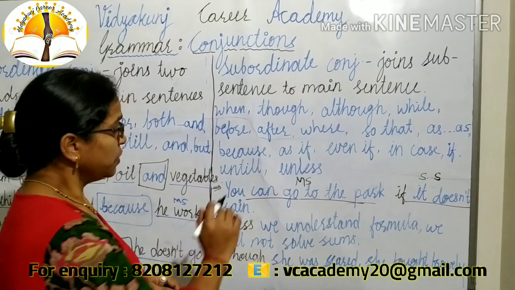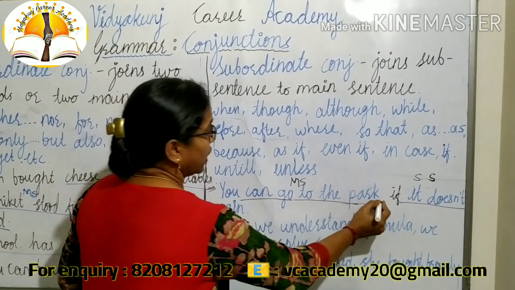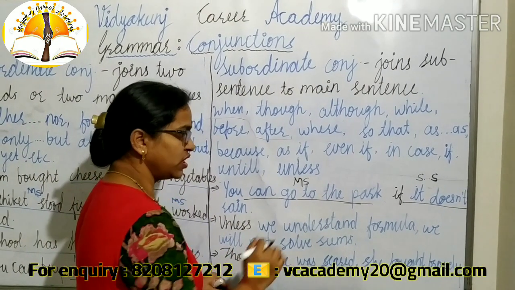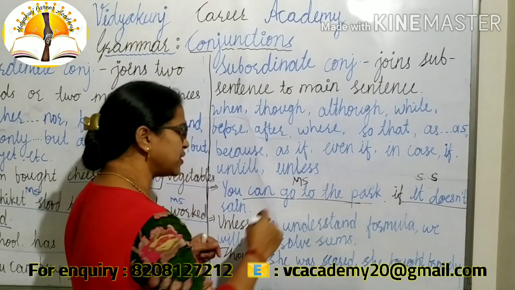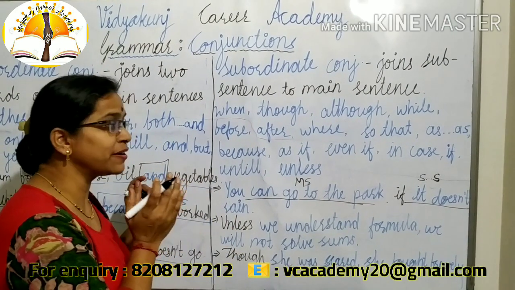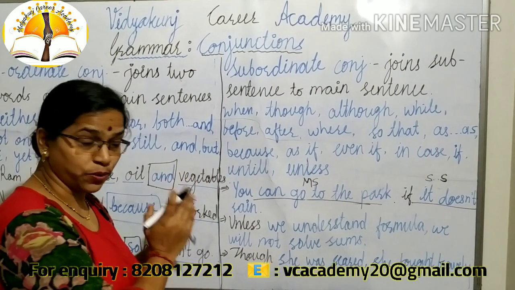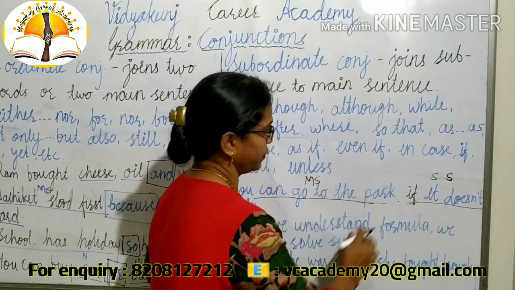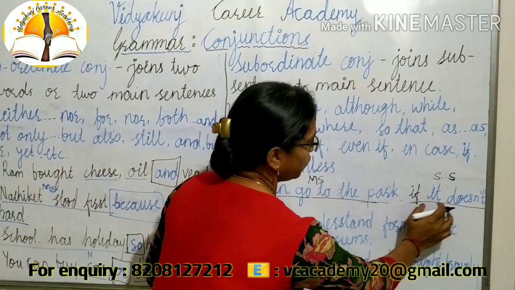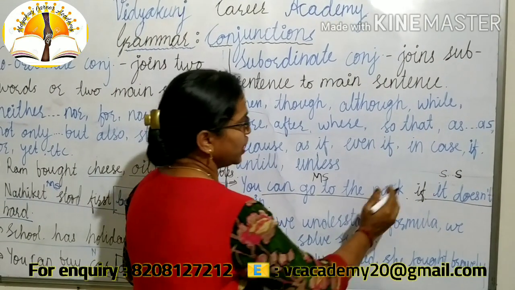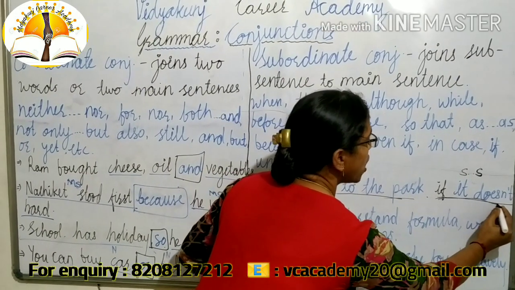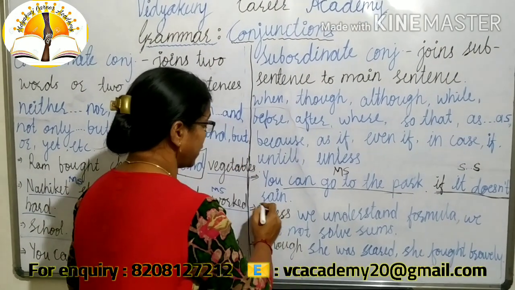Now I will read the main sentence first. You can go to the park. This sentence has a complete meaningful sense. If I read only from if, it doesn't rain, the sentence does not give its complete sense.